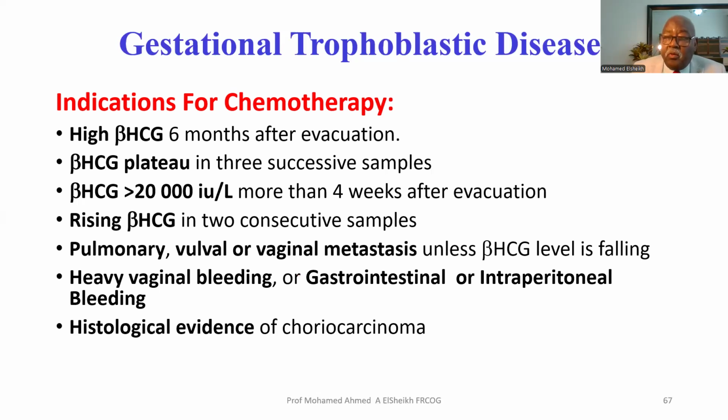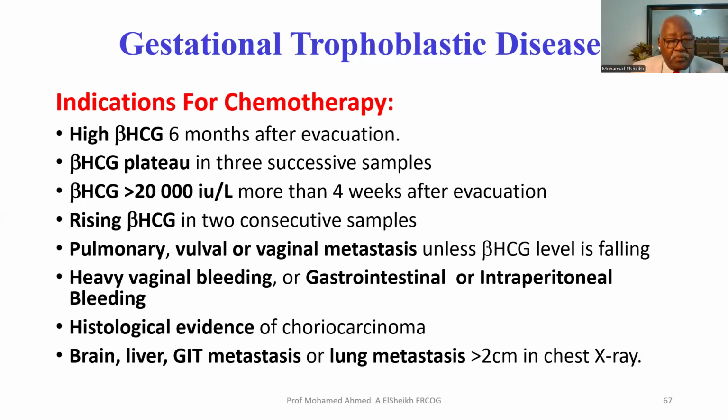Histological evidence of choriocarcinoma: as we have said, do suction evacuation, and then you send the material for histopathology. If the result comes as choriocarcinoma, then you treat it as a cancer and you continue with the chemotherapy.